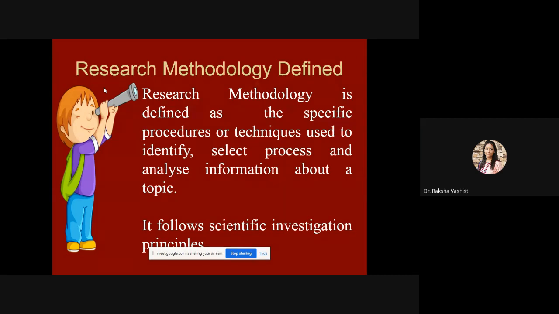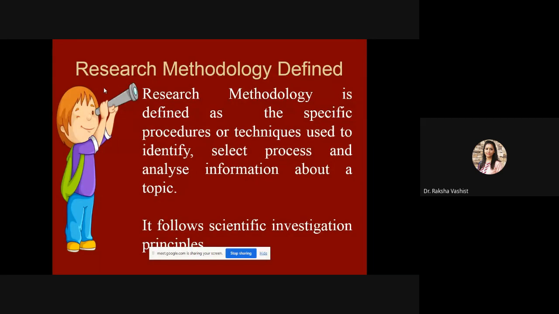So the term research means to find something new again and again. And the term methodology is the method, how we are doing research. The steps to follow to do the research, that is methodology.